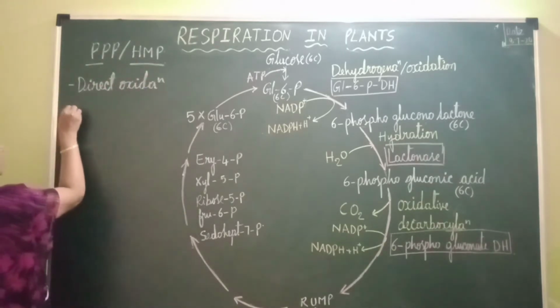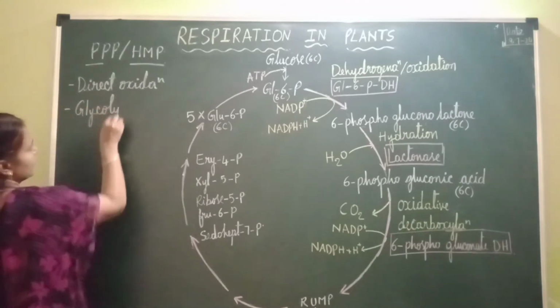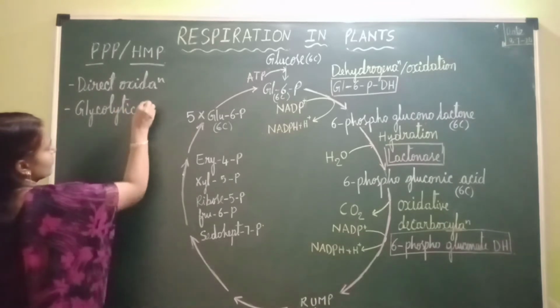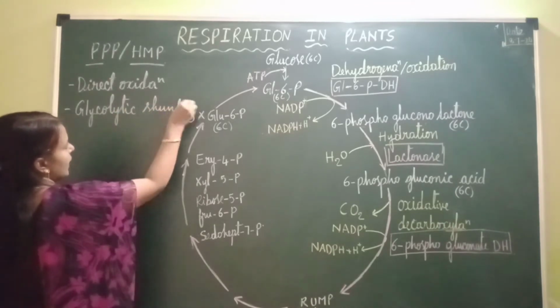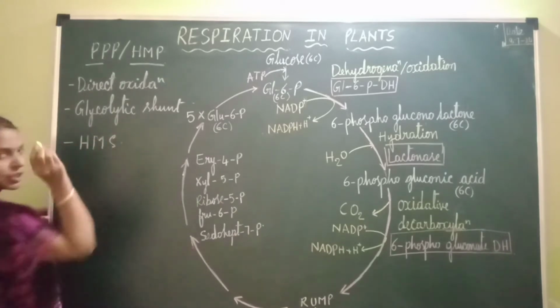This pathway is also called the glycolytic shunt, and it is also called the HMS pathway, Hexose monophosphate shunt.